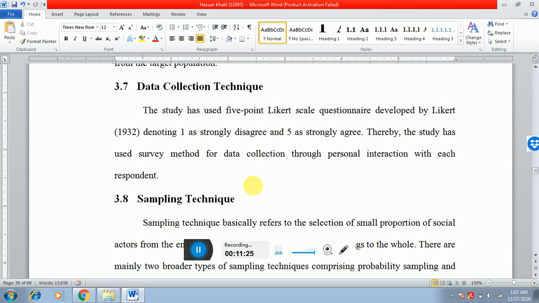You can write like this: in the second part of the questionnaire, the items related to the constructs were mentioned that were extracted from past studies, and then you have to provide the citations from where you extracted those particular items. Let's suppose customer satisfaction items were extracted from the study of so-and-so, and customer loyalty items were extracted from the study of such-and-such. So you have to provide each and every detail of your research instrument under the heading of data collection technique.